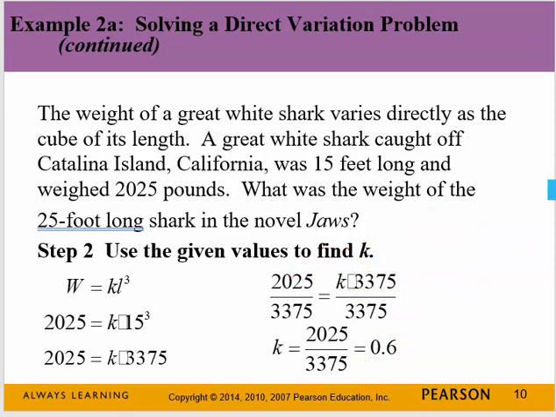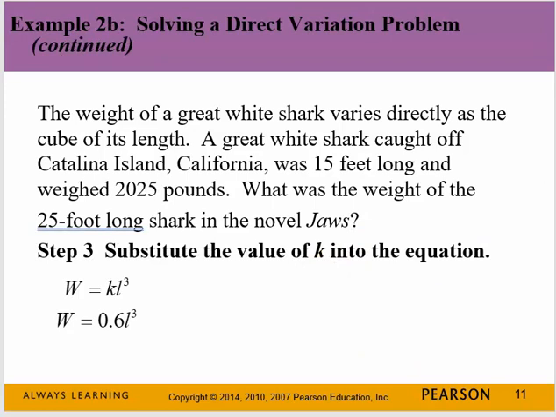Well, we'll clear this up, and we'll go to the next slide, where we substitute into our original formula, w, our new value of k, and then we'll solve it. So w equals 0.6. Now our new length of this shark, a big one, 25, the quantity cubed.